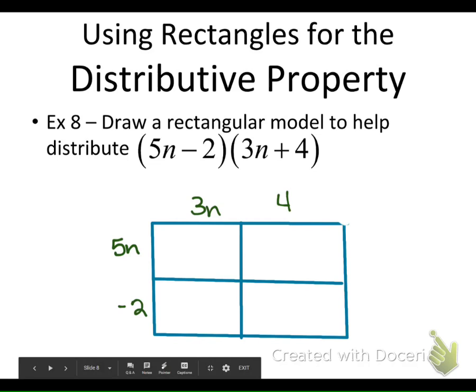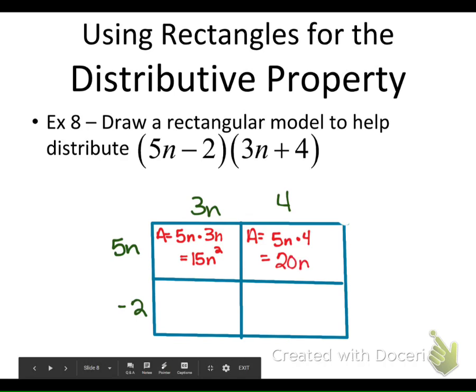Okay. So, Cody, what's the area of my first section here? 5n times 3n equals 15n squared. Nice. David, next one. What is it? 5n times 4 equals 20n.